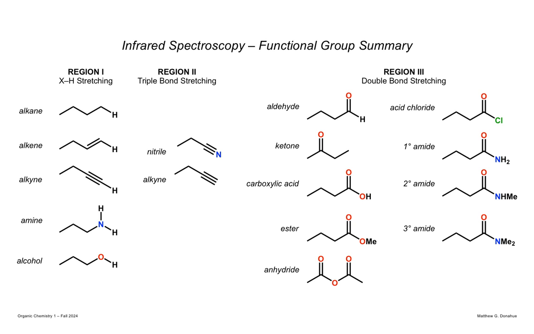So there's 4 regions, including the fingerprint region. Again, we're going to ignore that. Region 1 is what I'm calling XH stretching, so single bond stretching. Your normal alkane, everything has that, so it's not incredibly diagnostic.